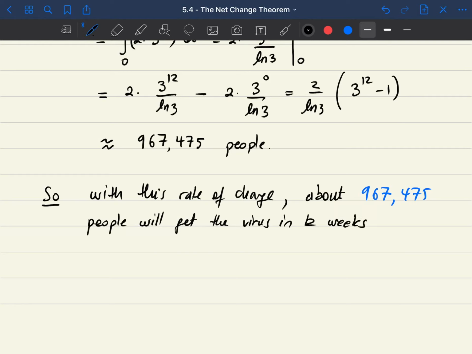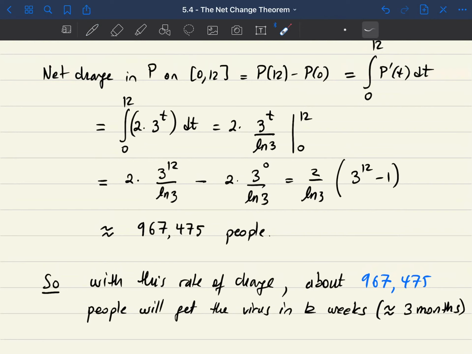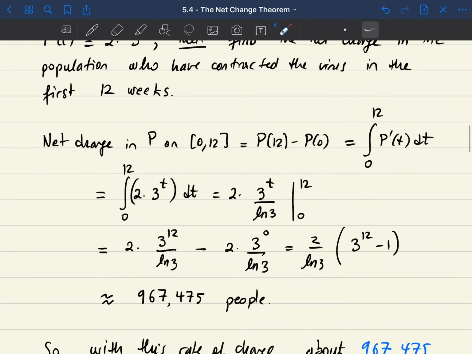And 12 weeks is about 3 months, right? So in 3 months, about 1 million people will get infected if this is the rate of change of the population with the virus, which is given by this formula here. Okay, so I hope that's clear.